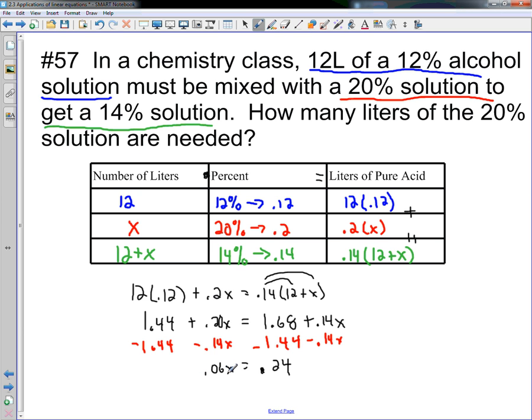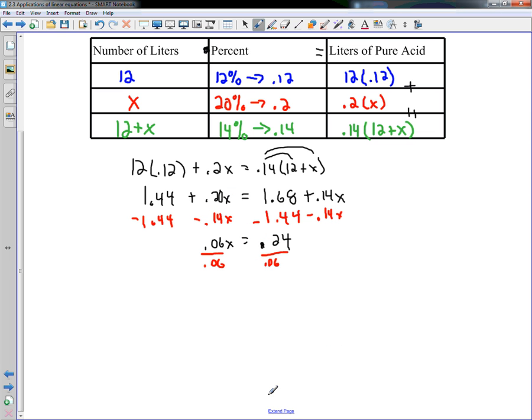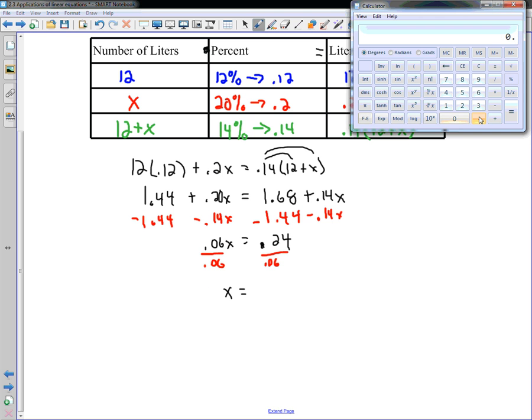0.06x, and then divide by 0.06, and we get x equals, it can be a little hard to see here, but we'll go into the calculator, but really it's like taking 24 and dividing it by 6, so we'll take it and divide it out, and that gives us 4.